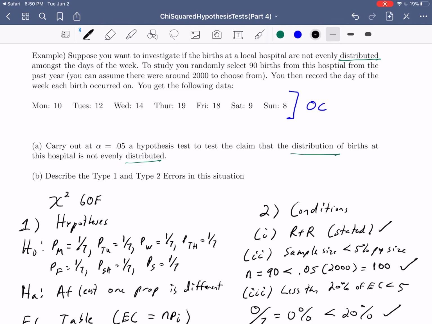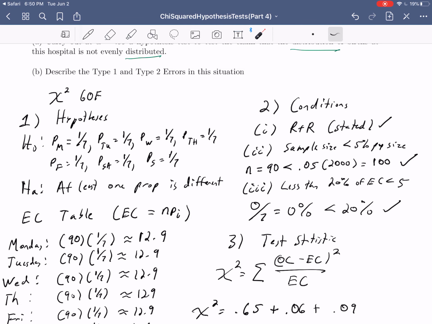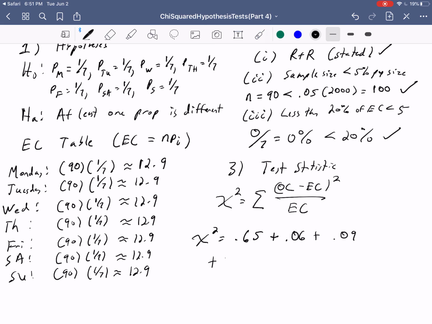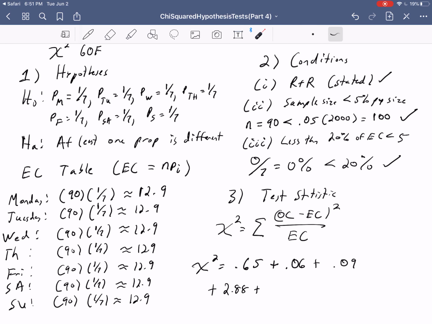Plus, next one, we observed 19 on Thursday against an expectation of 12.9. So (19 minus 12.9) squared divided by 12.9. Should get 2.88 there. Then plus, we observed 18 versus an expectation of 12.9. So (18 minus 12.9) squared divided by 12.9 should be 2.02.